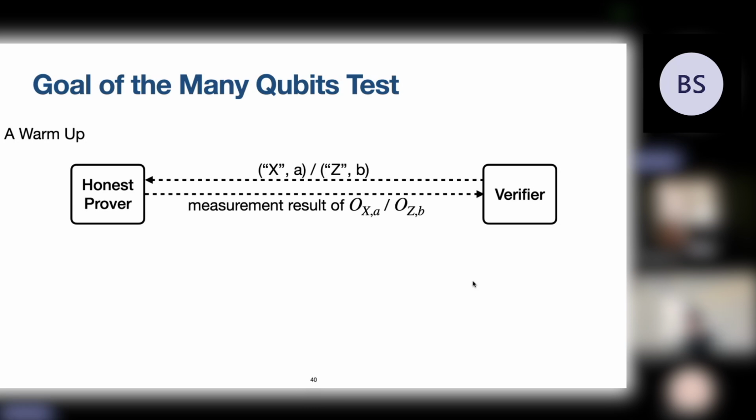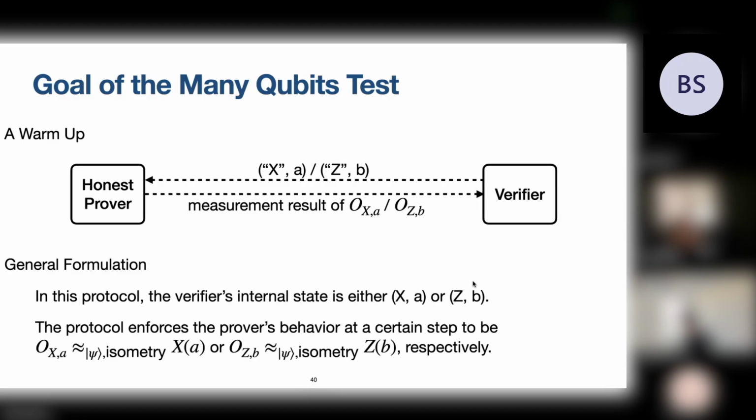So you hope the verifier sends the prover XA and ZB, and the prover is going to send you back the measurement results of OXA and OZB somehow. And somehow you can force the prover to do that.